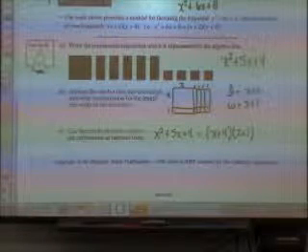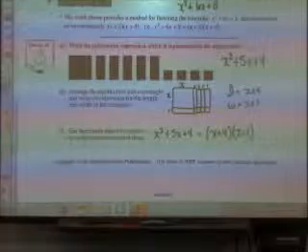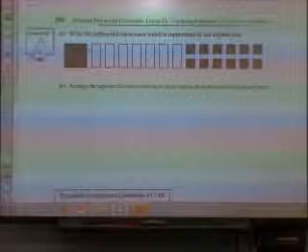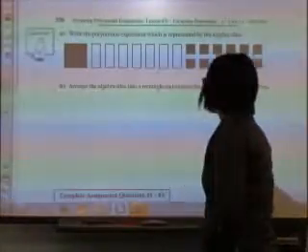Okay, so let's look at class example number 2. This time we have positives and negatives. So what polynomial expression is represented by these tiles?